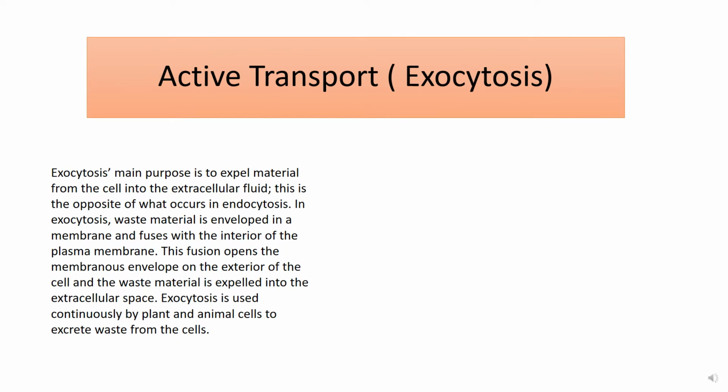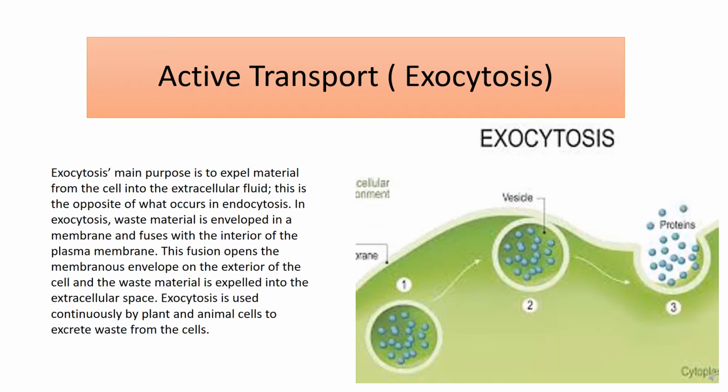Let's move towards the second type of active transport. It is exocytosis. The removal of water from cells is called exocytosis. In this diagram, you can see the removal of water molecules. In the first diagram, you can see the molecules of water.